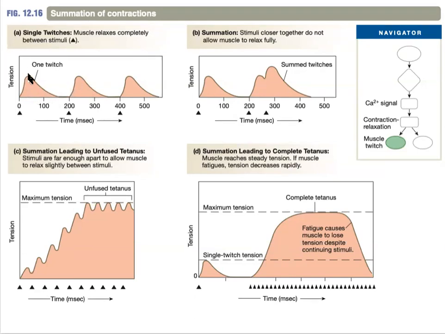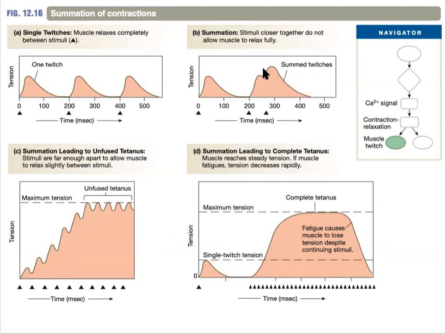And so the muscle is allowed to relax completely between the different action potentials. Okay. And then in the second part of the graph, we've got two stimuli that are closer together. And so the muscle doesn't relax fully after the first stimulus before the second stimulus arrives. And so there's a summation effect.